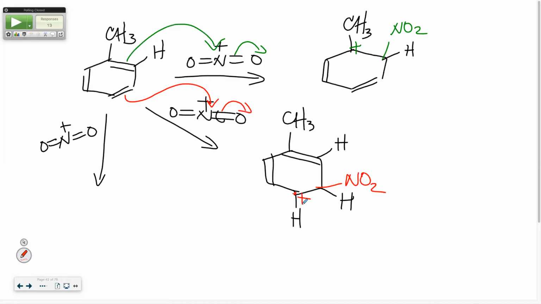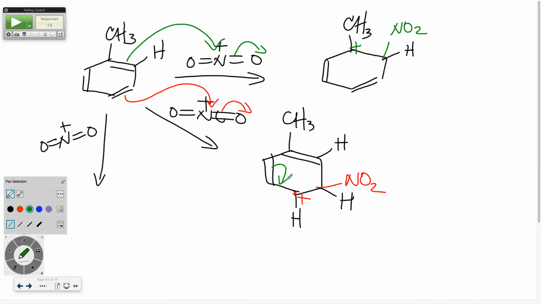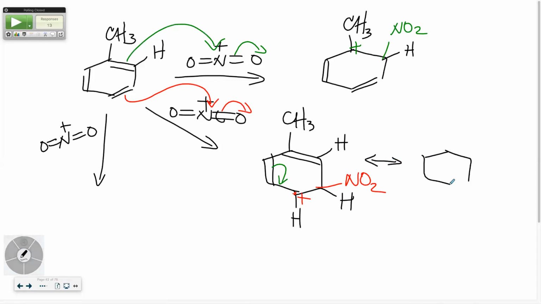Notice that if you draw resonance forms for it, you cannot get the plus up on the methyl on this carbon. You can't get it there. The plus is going to end up here, and then it's going to end up here. So it doesn't get any extra stabilization from the methyl. Here, I'll draw one of them, because we got some other stuff to do.